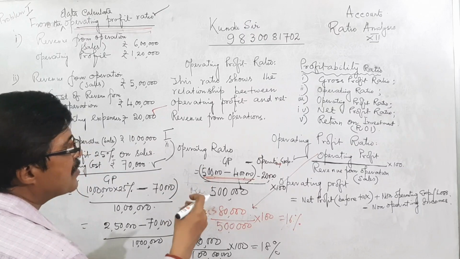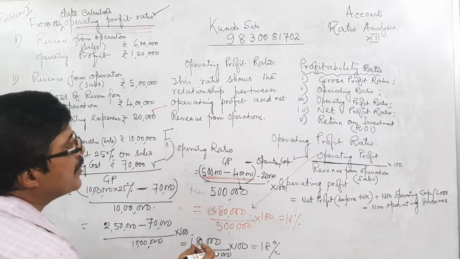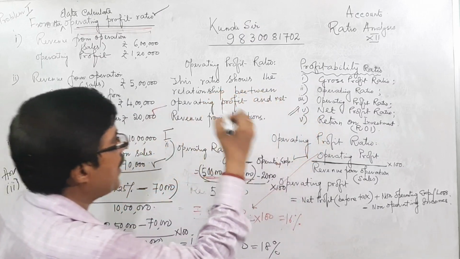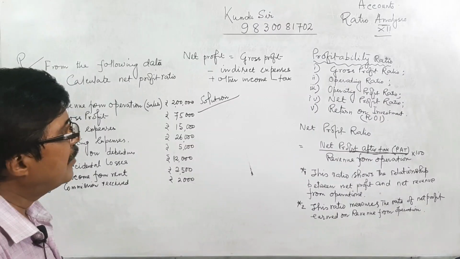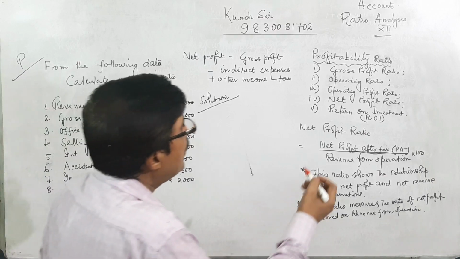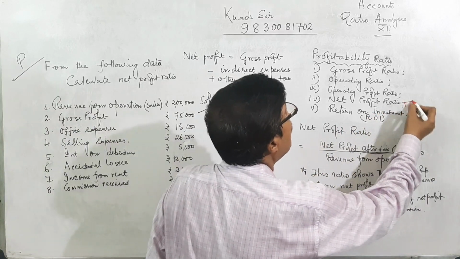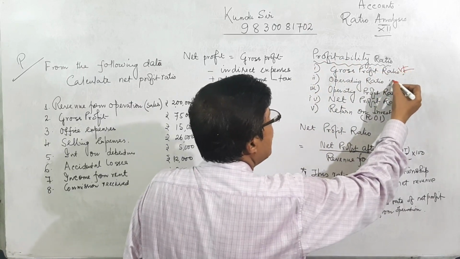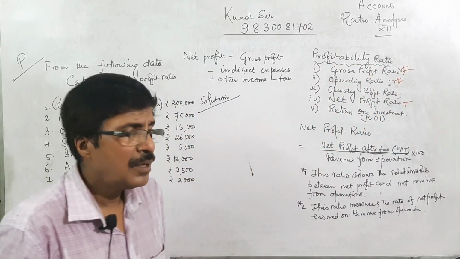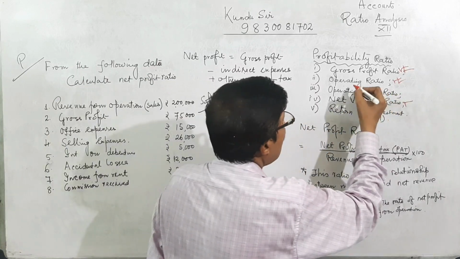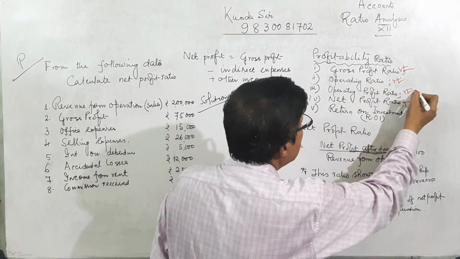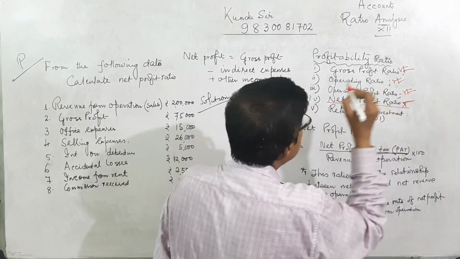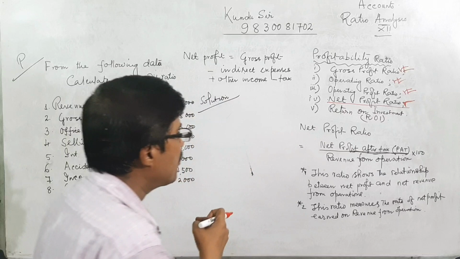Now next we have to start net profit ratio. Now I am starting net profit ratio. We have already covered gross profit ratio, then operating ratio, then operating profit ratio. Now I am going to discuss net profit ratio.